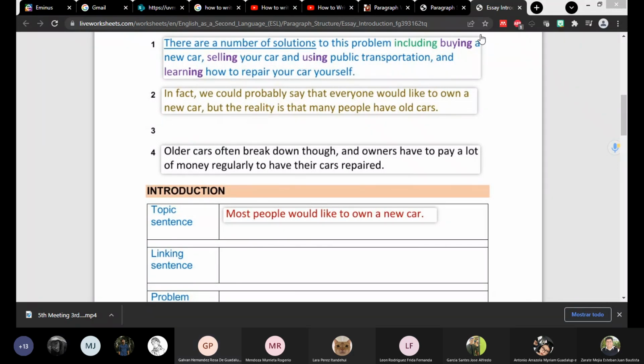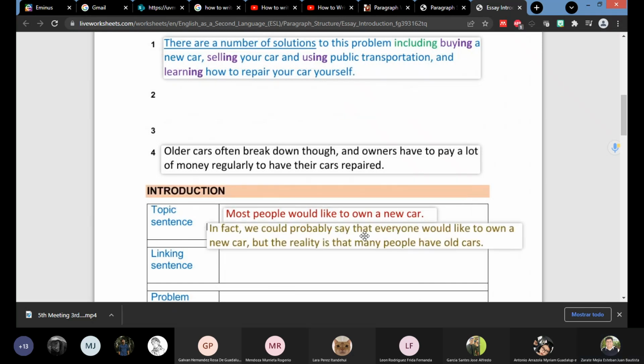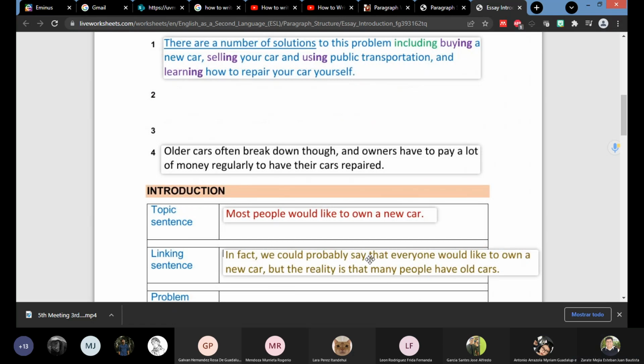Number 2. All right, this one. In fact, everyone would like to own a new car. This expression reminds me of when an ad came out for the Jetta car. It said, "Todo mundo tiene un Jetta, al menos en su cabeza."